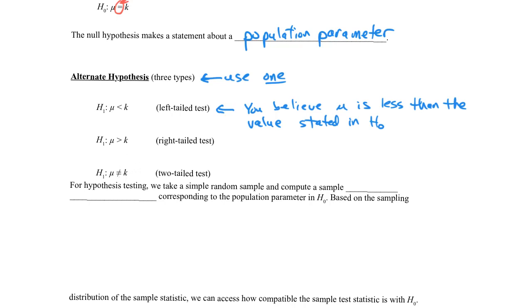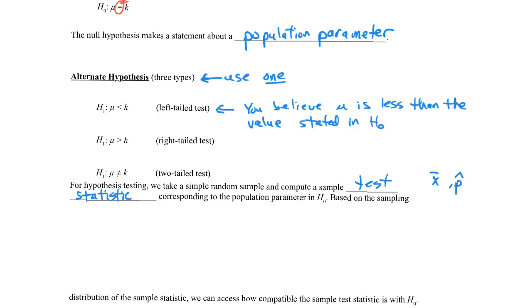So for hypothesis testing, we take a simple random sample and compute a sample test statistic. And a test statistic is just finding x bar or p hat.